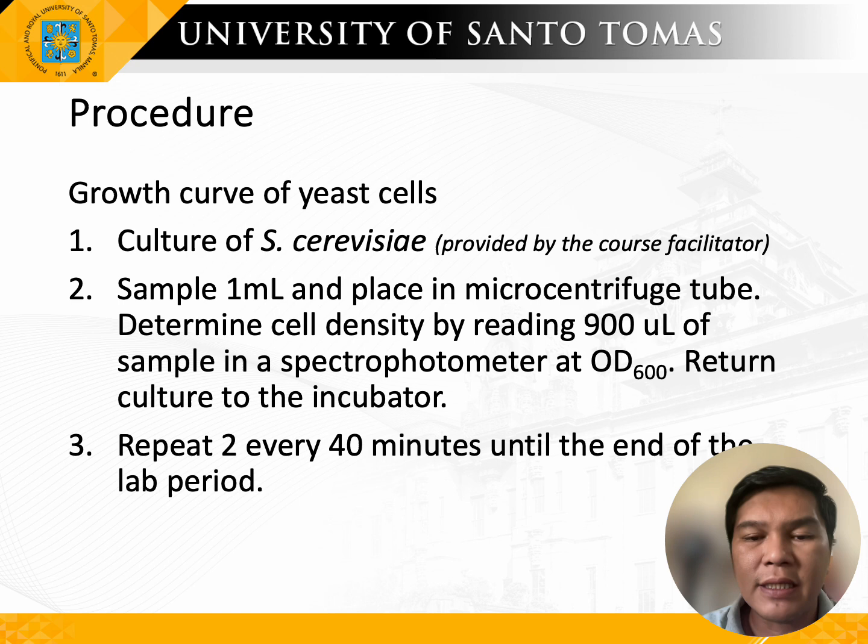So, what does this mean? You will be, of course, getting 1 ml of the culture. However, you are going to put the 900 microlit of that sample to that of the cuvette, and you're going to check that in the spectrophotometer at optical density of 600.